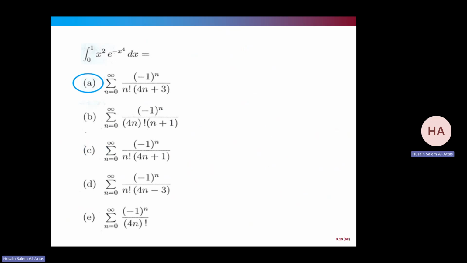Okay, I have e to the power x, and the same thing is going back and forth, x to the power n over n factorial, but everything depends on whether you remember the formulas. Sum from 0 to infinity of (minus x to the power 4) to the power n over n factorial, which is equal to what?